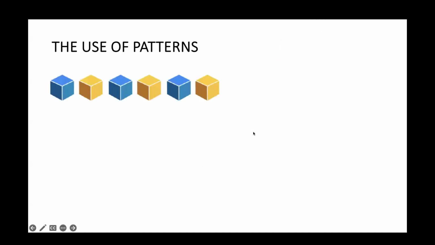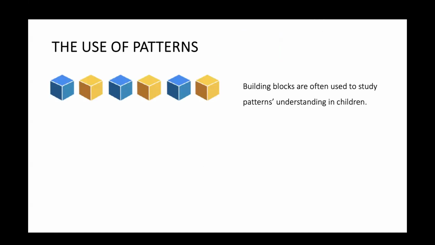Let me introduce very briefly the main idea of the use of patterns in the literature, because when we talk about drawing and the kind of drawings I'm going to present to you, you will see that we mainly refer to patterns. When it comes to patterns in the literature, we see a lot of building blocks. These are often used to study pattern understanding in children.